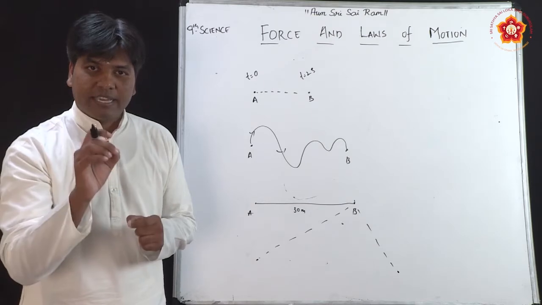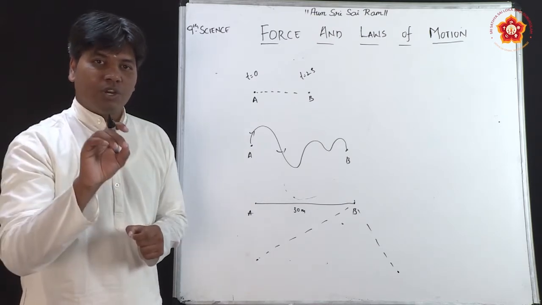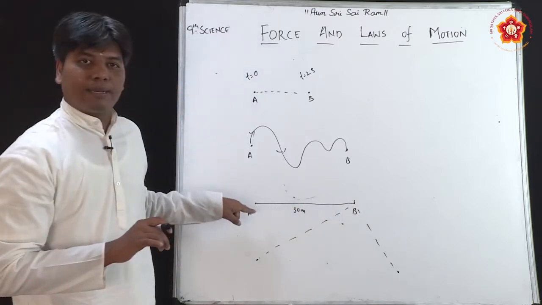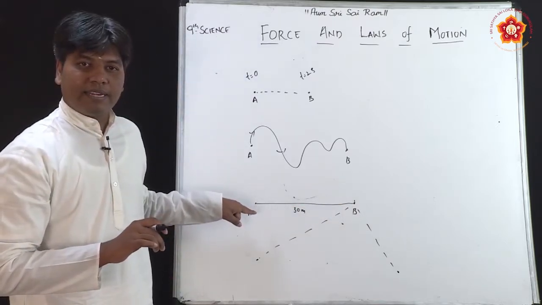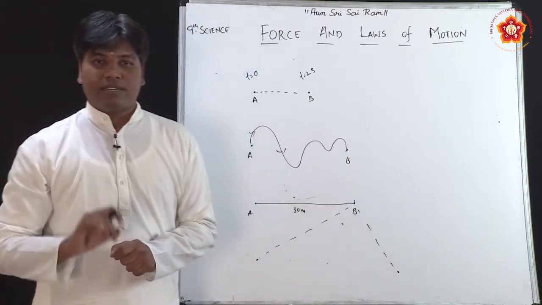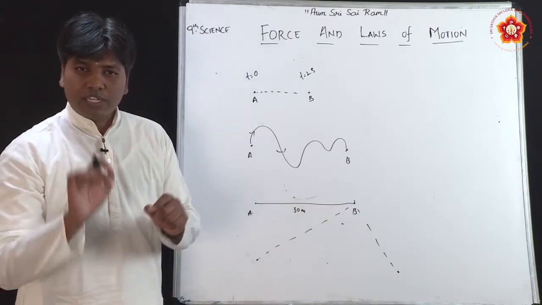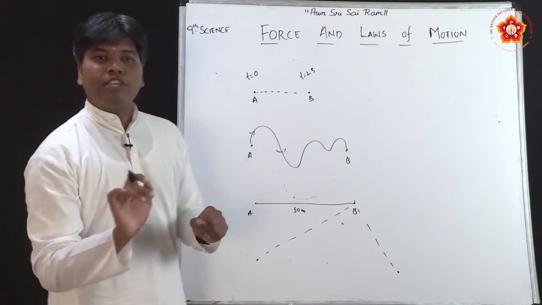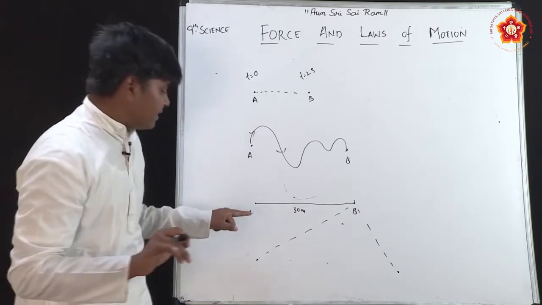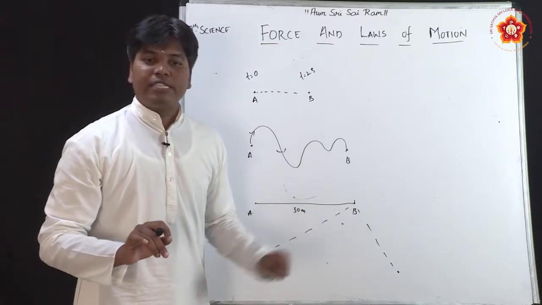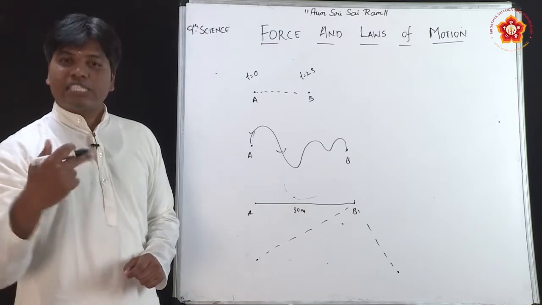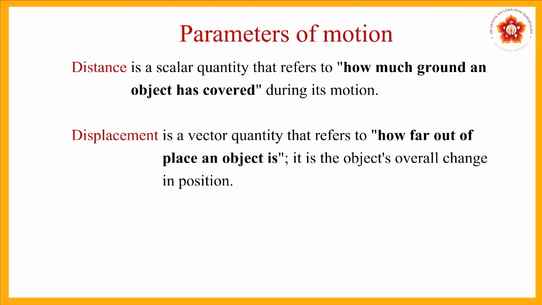But to be precise, to locate your house, to tell the address of your house, you need to specify a direction, right? So displacement gives you the direction also, so that you can easily point where the object is heading while changing its position. This is what we call displacement. Let us go and see the next quantity. What is the next quantity?